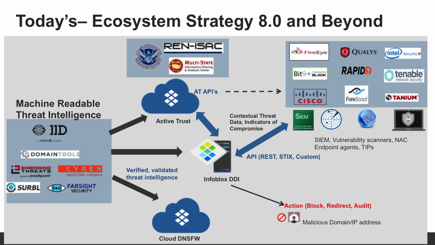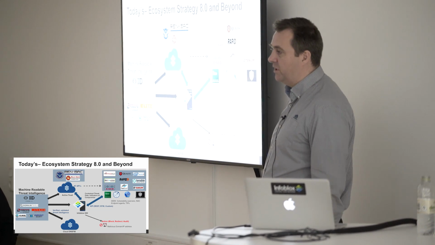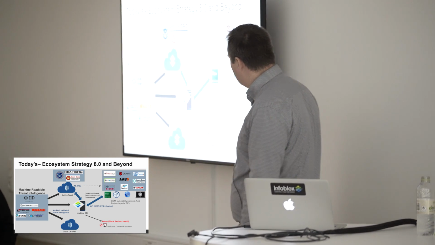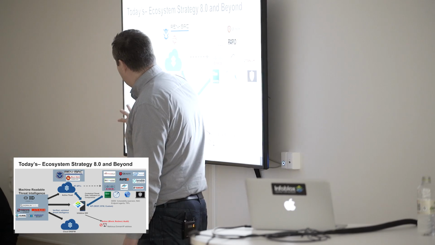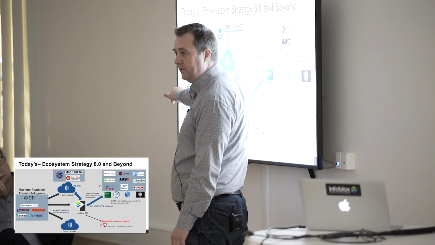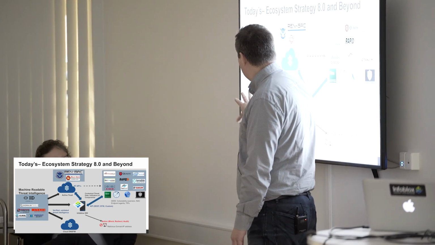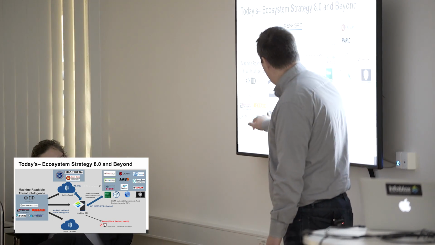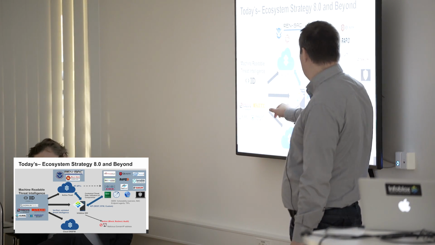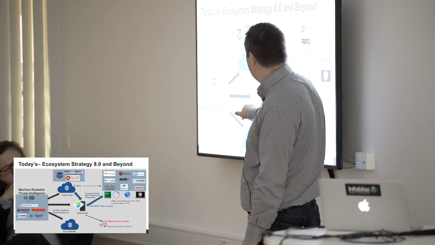So if you look at our ecosystem strategy and landscape today, you see that we're looking both at threat intel from our IID acquisition, where we're gathering intel information, which we can bring to the Infoblox platform as DNS firewall feed.